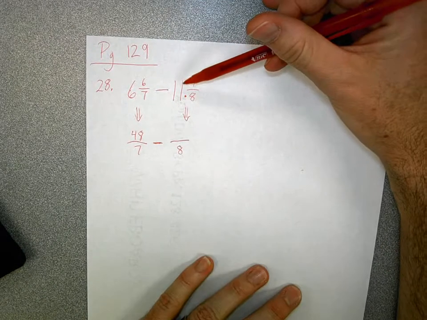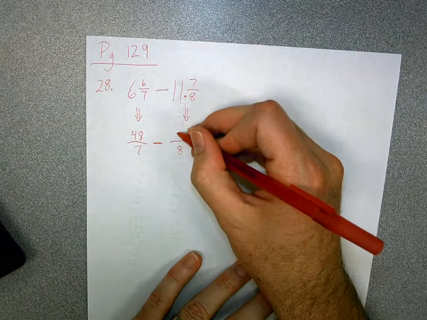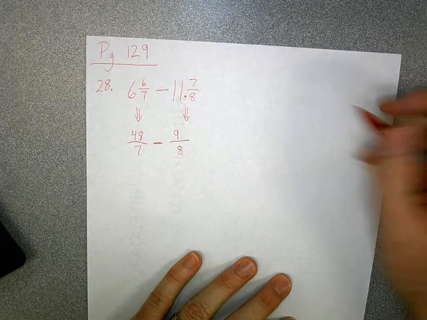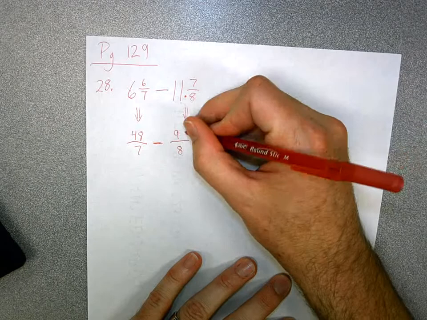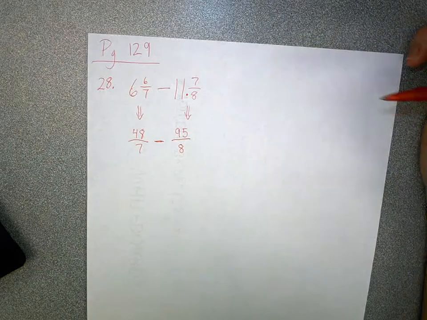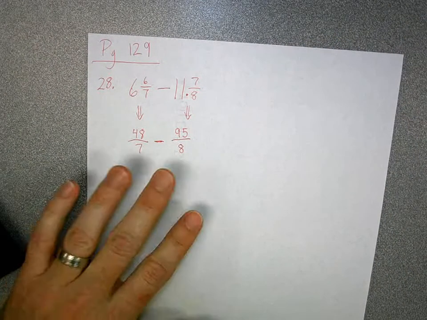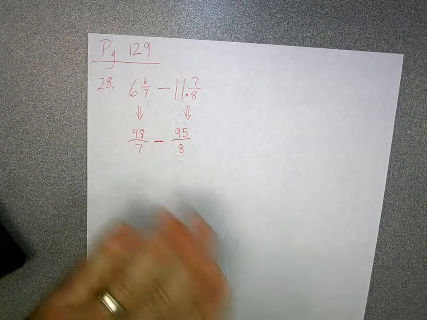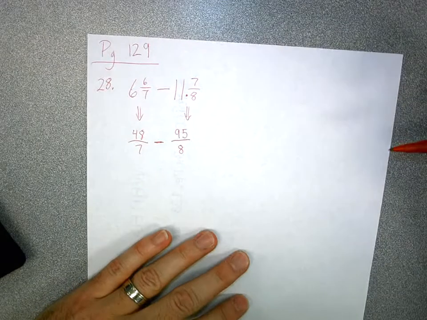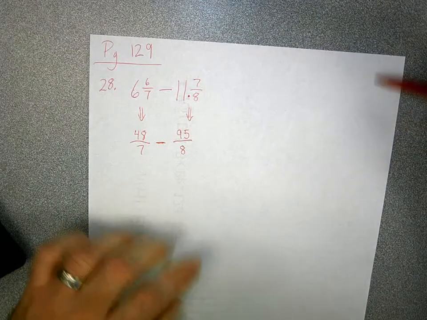So 88 plus 7, okay, is... sorry, it's early in the morning, so 88 plus 7 is 95. 95/8. Okay, so yeah, we're dealing with pretty large numbers here, but the time factor, it takes the place of doing some other stuff, like I said, like borrowing and worrying about other things.